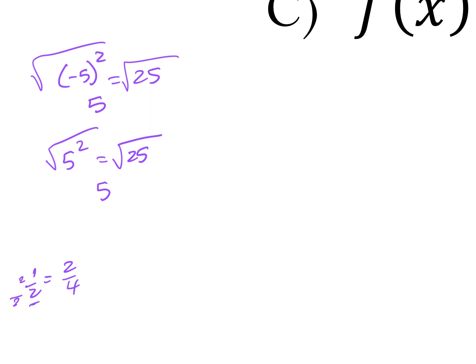So 1/2 is equal to 2/4 because anything times 1 is itself. When we multiply the top and the bottom by the same thing, we aren't changing the value of it. Squaring does change the value. If I give you the fraction 2 over 3 and I square it, I get 4/9.